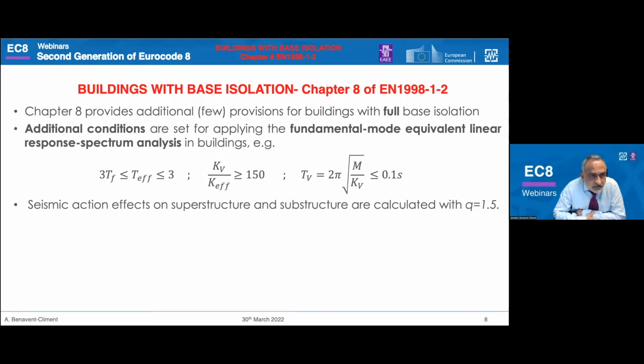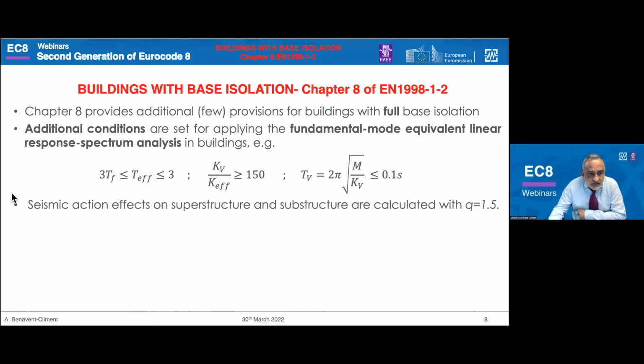For example, in the case of using the fundamental mode equivalent linear response spectrum analysis in buildings, it is necessary to satisfy these conditions that you have here, which are similar to the conditions that are already implemented in the current Eurocode 8.